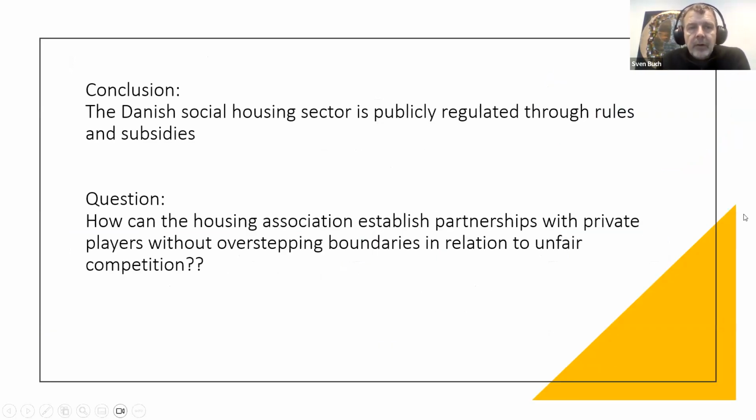So the conclusion is that this sector here in Denmark is very much publicly regulated through rules and subsidies. Even though some is coming from the public, a lot of it is also coming from the tenants' own funds, but still very much publicly regulated.